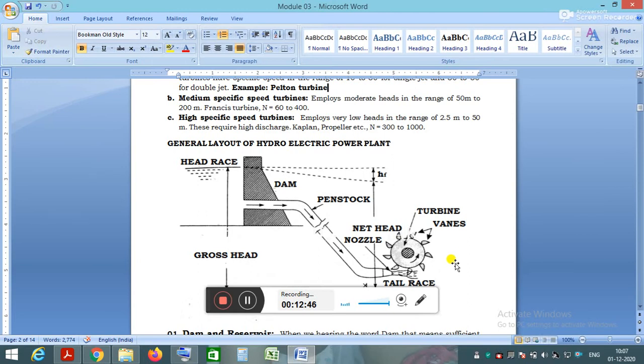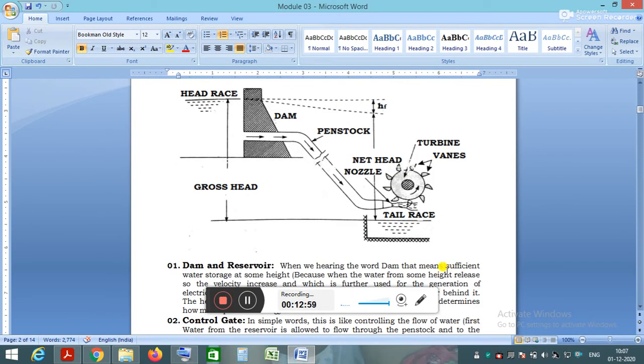The next topic is the general layout of hydroelectric turbines. You can see here the water is stored in the dam or the reservoir. The first use is to store a huge quantity of water during the rainy season so that the same can be utilized throughout the year.